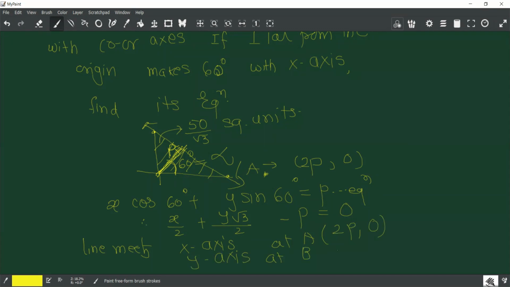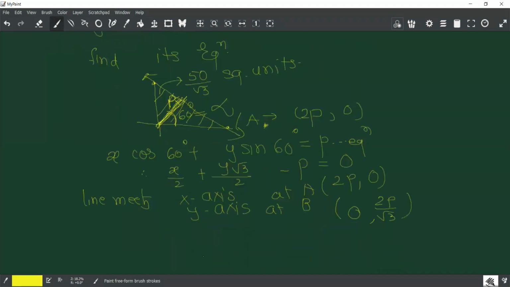Yes, it is 50% right. On the y-axis, you will put x as 0. So what is the value of the ordinate? Superb answer. Very good. Perfect.